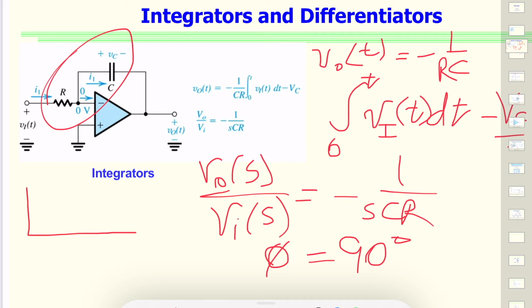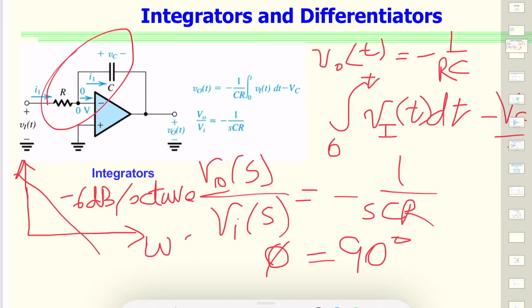So we see that as omega increases, the magnitude goes down, and this is the kind of behavior we get. And this plot shows us a few things, that it's a straight line of slope minus 6 dB per octave.